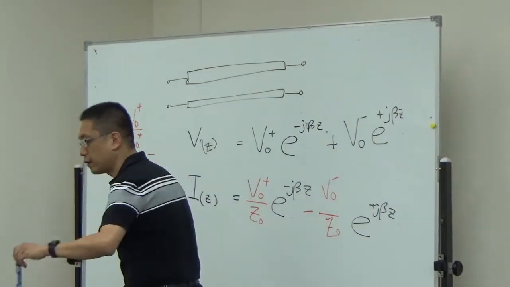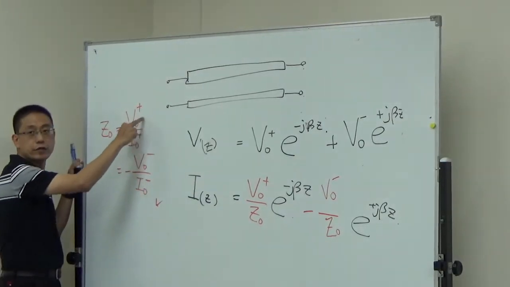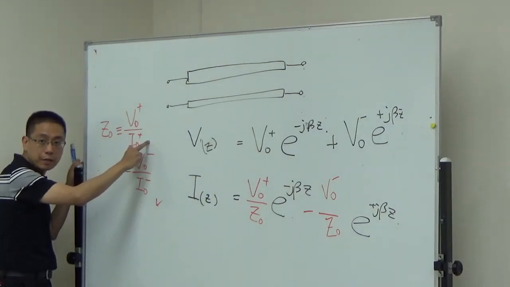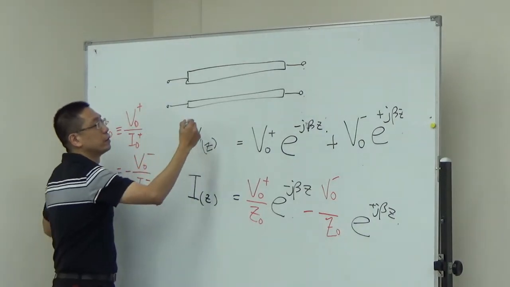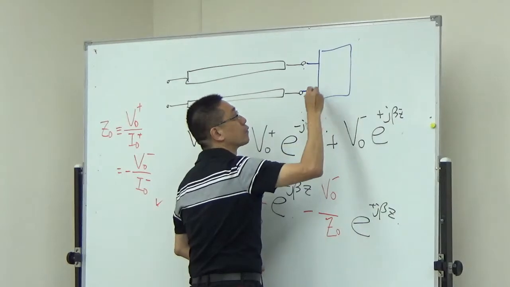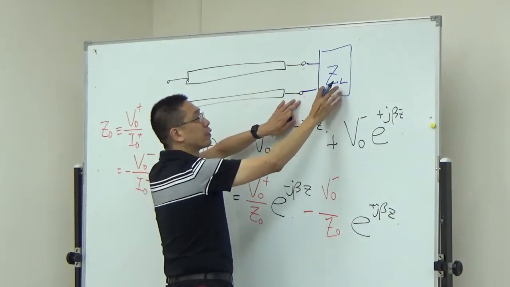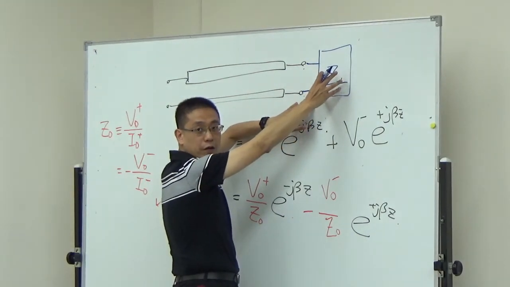So we define this as a ratio between one direction of voltage and current. But we want to define the ratio between all of the voltage over all of the current.